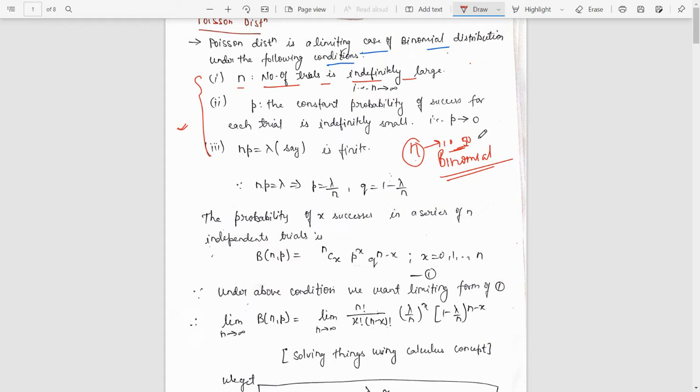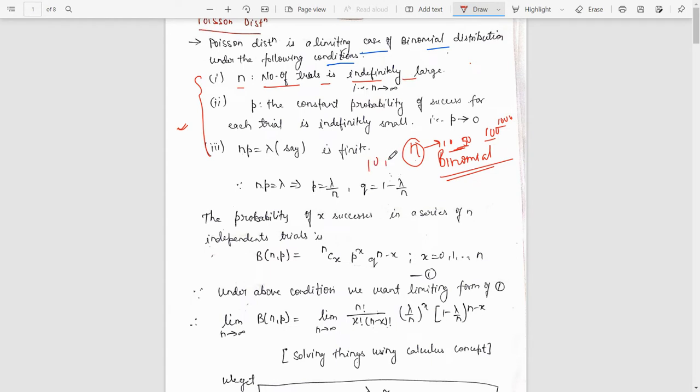But sometimes the numbers go very large, like 100 or maybe a thousand. These are termed infinite in terms of statistics. In statistics, infinite does not mean that it should literally be infinite. If a value is large, like more than 100 or more than 50, compared to that, it is also termed as n being indefinitely large.